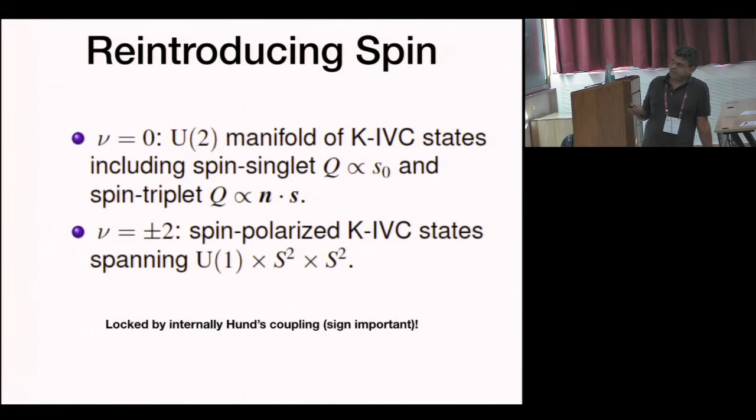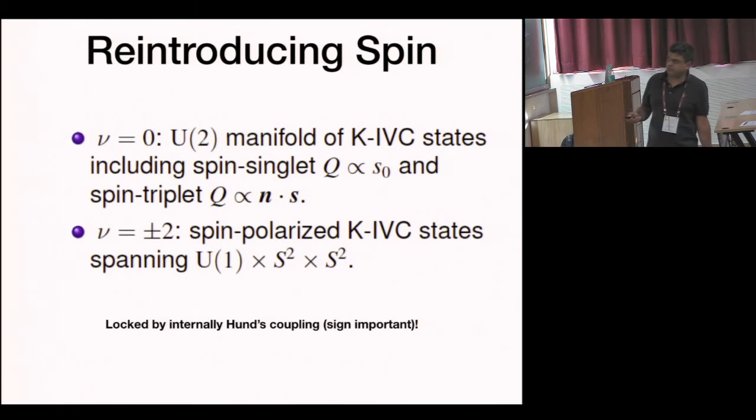This is the charge neutrality setting. Special points in this degenerate manifold correspond to the spin singlet and the spin triplet order. They're both there, and all kinds of weird combinations are also there within that manifold. This degeneracy of the manifold is broken by very weak couplings, the Hund's coupling essentially.